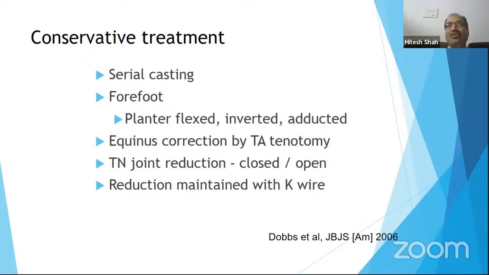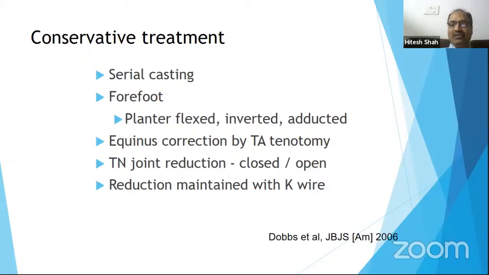Remember, in the Ponseti technique, there is no use of wire, there is no open surgery, there is only tendoachilles tenotomy, and that is on an OP basis. Whereas in the reverse Ponseti, the talonavicular joint is reduced by open reduction and fixed with a K-wire across the talonavicular.